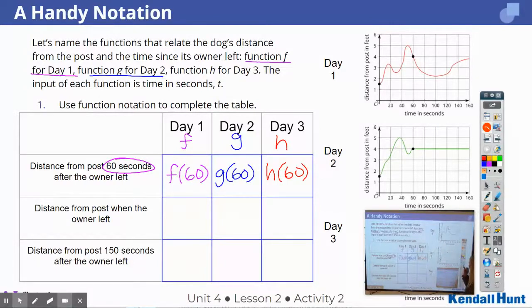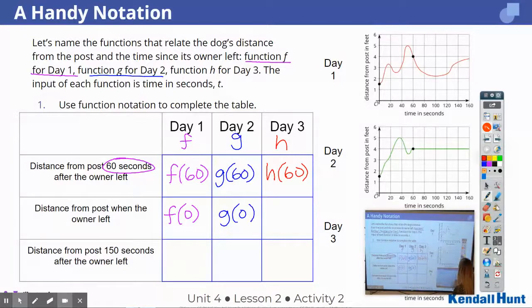Okay. What if I want to know the distance from the post when the owner left on day 1? Well, what time did the owner leave? If it's time since the owner left, it would be 0 seconds. So I could just write f of 0. If I wanted to know day 2, it would be g of 0.